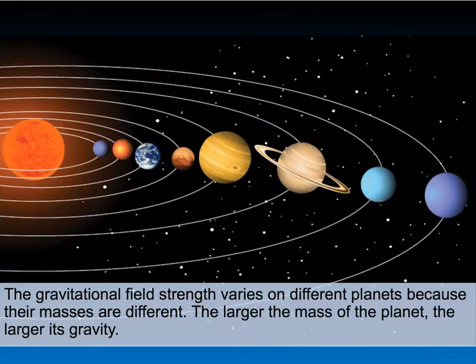However, your weight will change. If you think about the equation we've just seen, weight equals mass times the gravitational field strength, then if the mass stays the same and gravity goes up, your weight will go up as well.